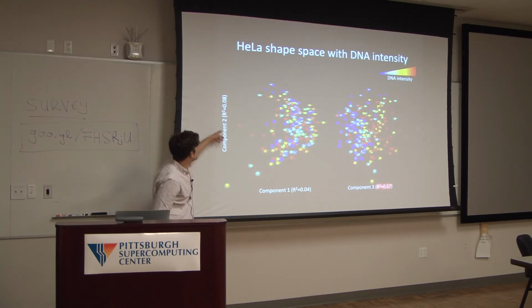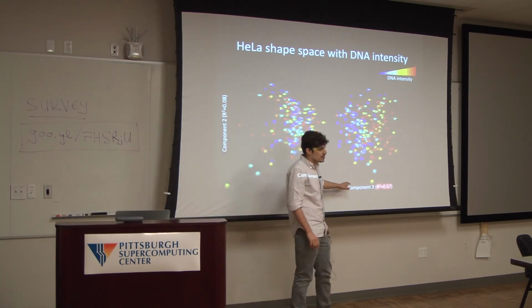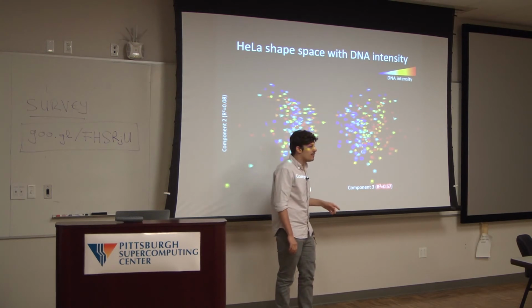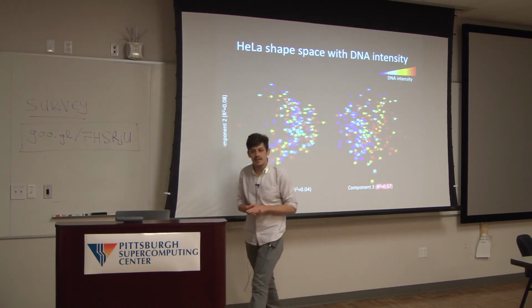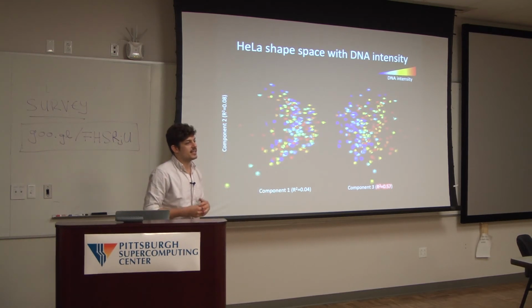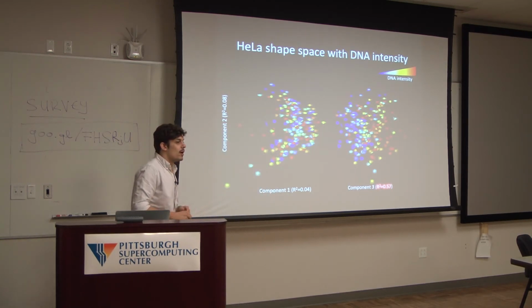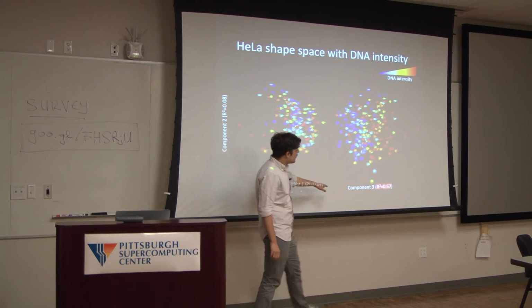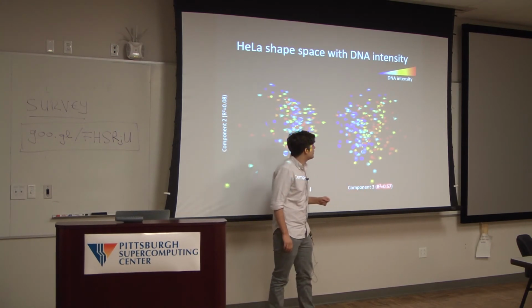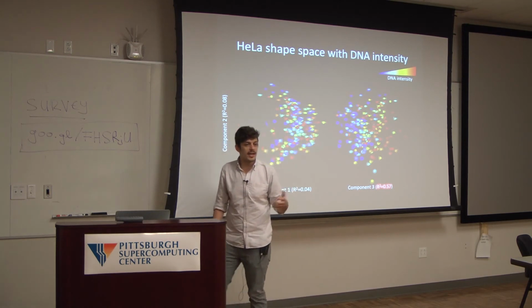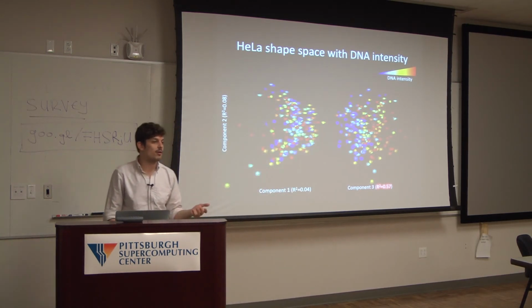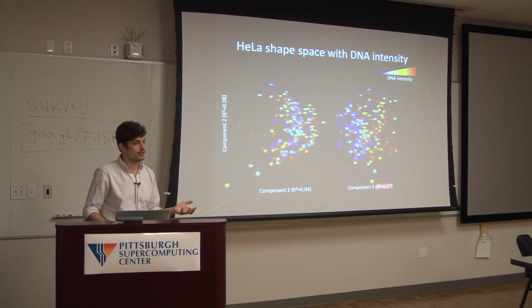And likewise for component 2. But this third morphological component has a very, very high degree of fit with how the DNA intensity changes. So perhaps this dimension of our feature space gives us a lot of information about where the cell is in its cell cycle from just morphological information alone.